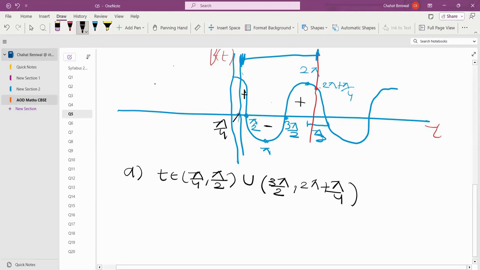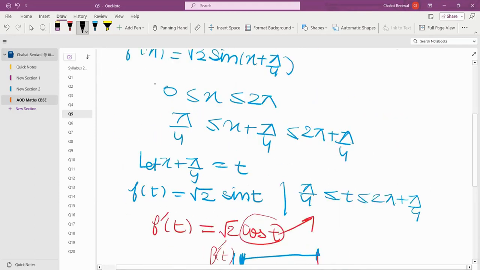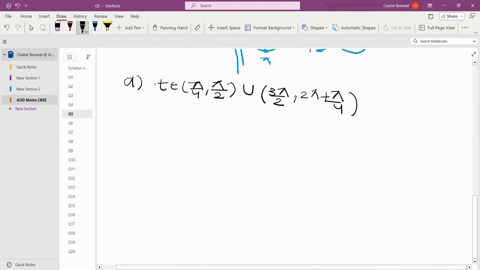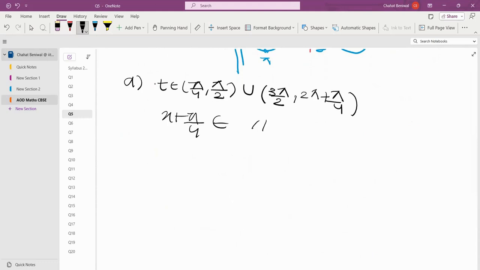So we need to break the function at these points. Pretty obvious here. At these 4 points, we have to break the function. Mind it, we don't have to search for t, we have to search for x. So we are going to substitute x plus pi by 4 here. So x plus pi by 4 belongs to the same. We are going to subtract pi by 4 from everywhere so that we can find the interval for x.